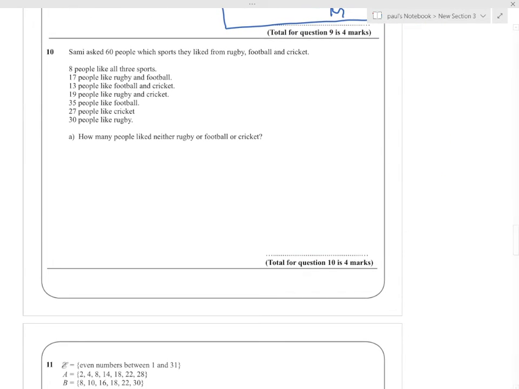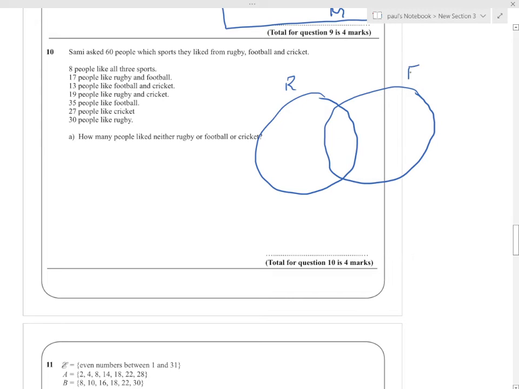Right, Sammy asked 60 people. Is this another triple one there? Oh, gosh. Sammy asked 60 people which sports they like. Rugby, football and cricket. Okay, again. Rugby, football and cricket.